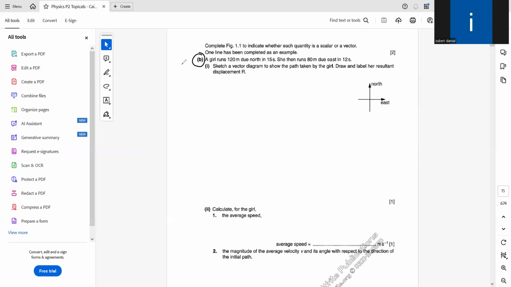If you're drawing on a piece of paper, then you have to send me a photo. Okay. Does it have to be to scale? It says a sketch, so you don't have to draw it to scale. Okay.